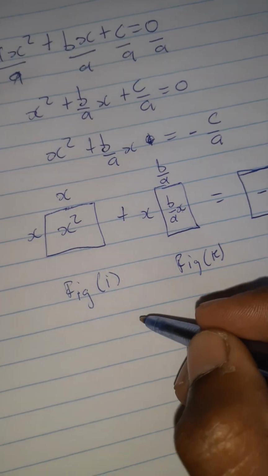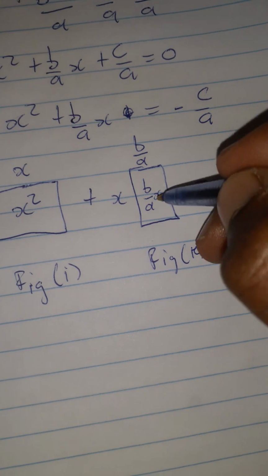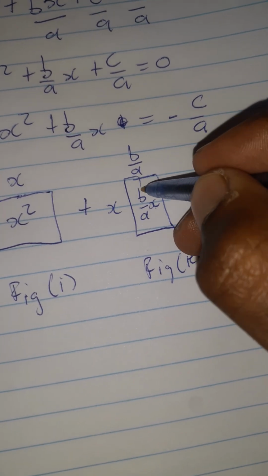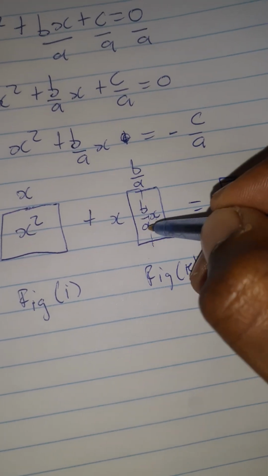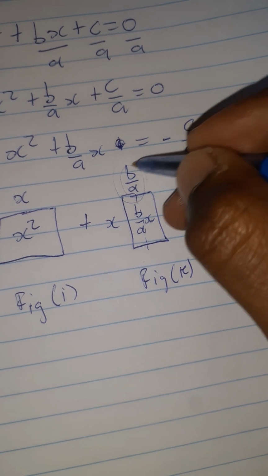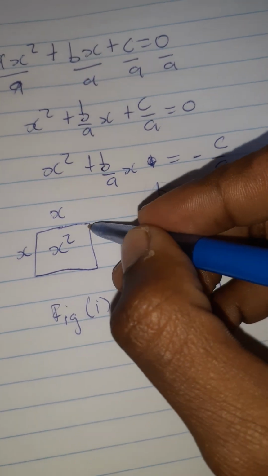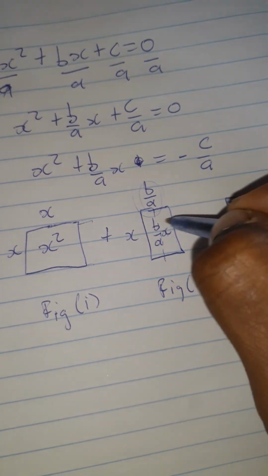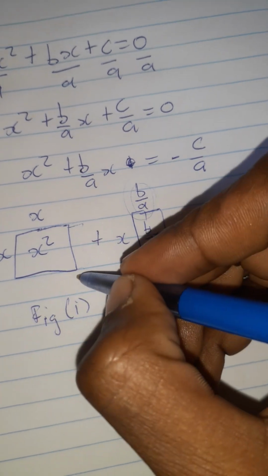Now continuing, we are going to split this rectangle in half. We're going to split it right here in the middle. Now, when we split it in half, we are actually going to halve this breadth, and then we are going to add half of this rectangle here on the right hand side, and we are going to add another half of this rectangle here below.